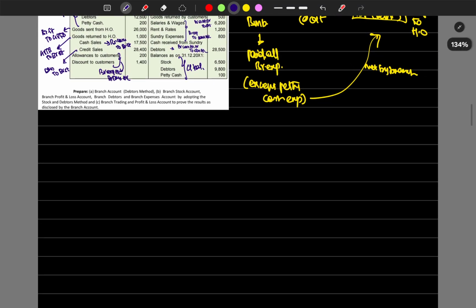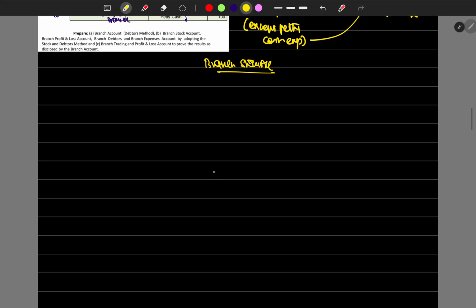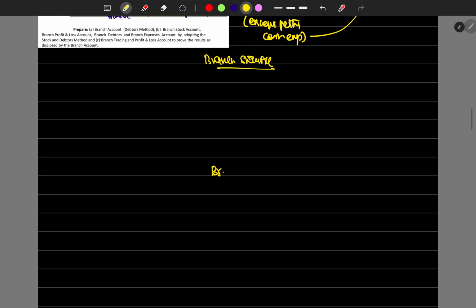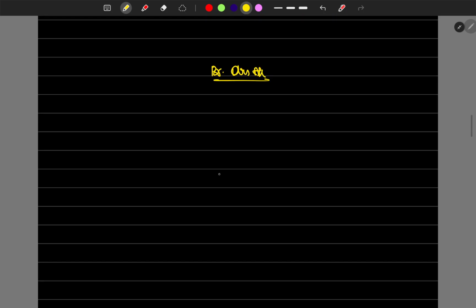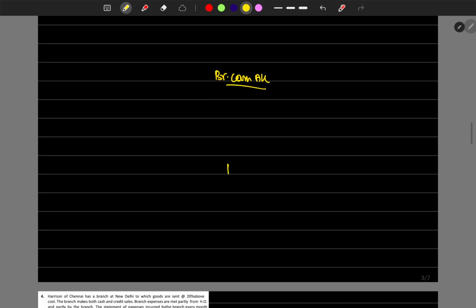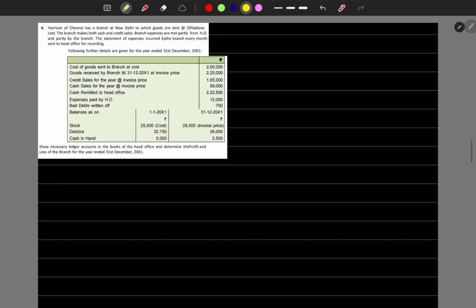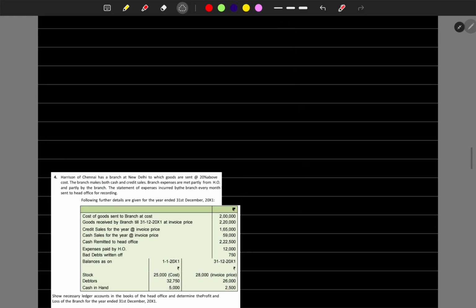Also we will prepare the basic default ledgers. Which are the default ledgers? Branch stock account, then branch debtors, branch cash account, branch petty cash they gave, okay, let's pull down.